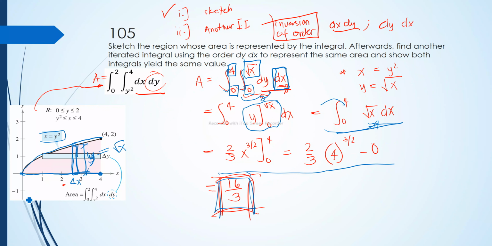So here we can conclude that the double integral of dx dy from y squared to 4 and then 0 to 2 is just equal to the integral of dy dx from 0 to square root of x and 0 to 4.